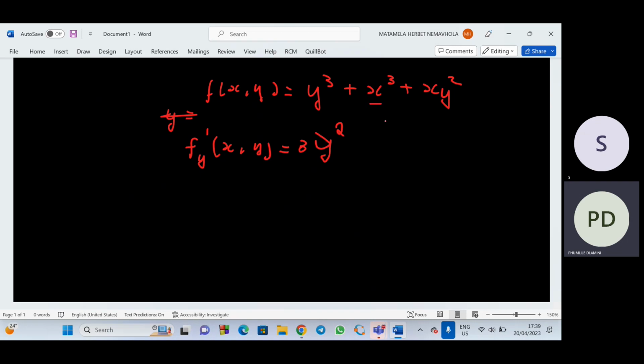Then this one is going to be 0. We don't differentiate it because we are differentiating with respect to y. Then we're going to say plus, then we differentiate y squared here. It's going to say 2y multiplied by x, which is 2yx.